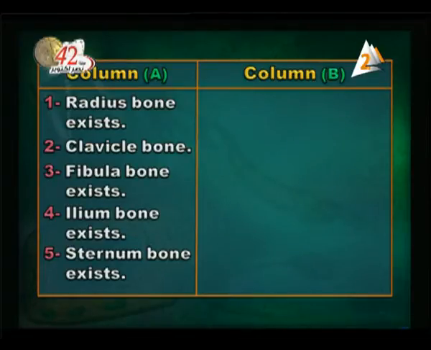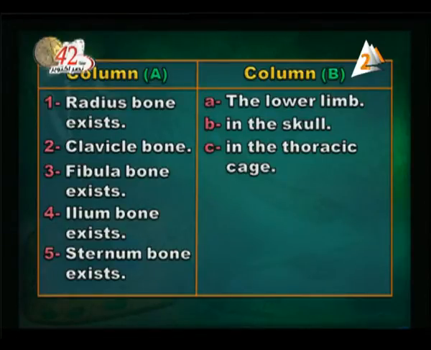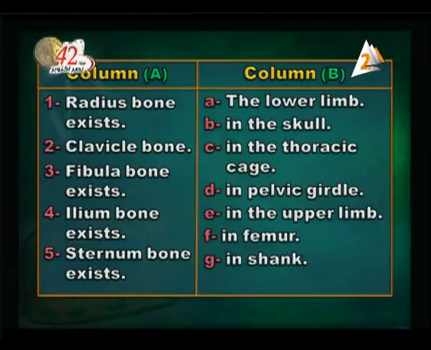And on the other side, in column B, you can see the lower limb, the skull, the thoracic cage, the pelvic girdle, the upper limb, the femur, the shank, and the shoulder girdle.